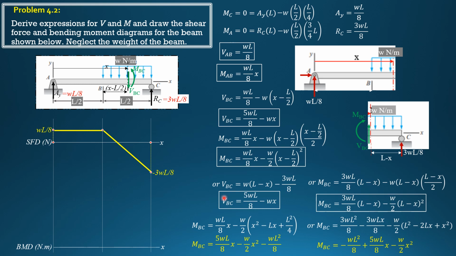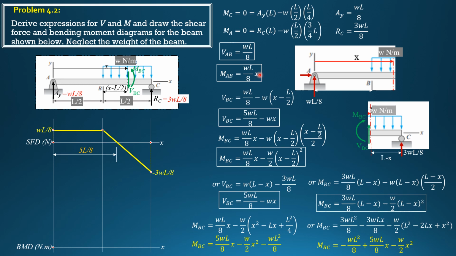For bending moment MAB, set X to 0, so it begins with 0, because when X is 0, this is 0. By the way, this distance, when shear in BC, because this is portion BC, is 0, so you just set this to 0. So equate shear BC to 0, cancel W, so X is 5/8 L. So this distance is 5/8 of L. So again, for moment AB, X is 0, so it's 0.